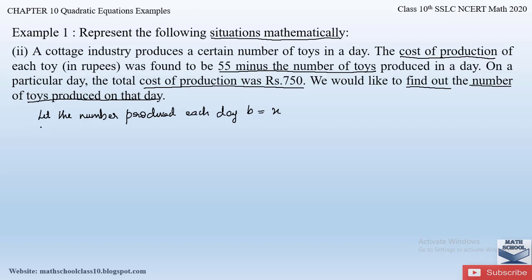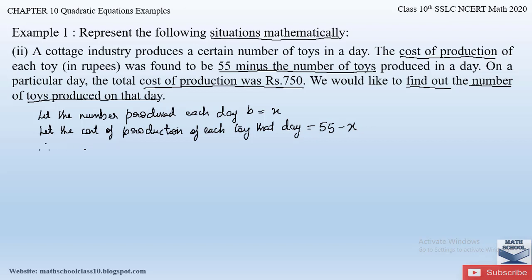So let the cost of production of each toy that day be, as given in the question, 55 minus the number of toys produced in a day. So if the number of toys is x, we have to subtract: 55 minus x. So this is the cost of production or cost price of each toy produced that day.